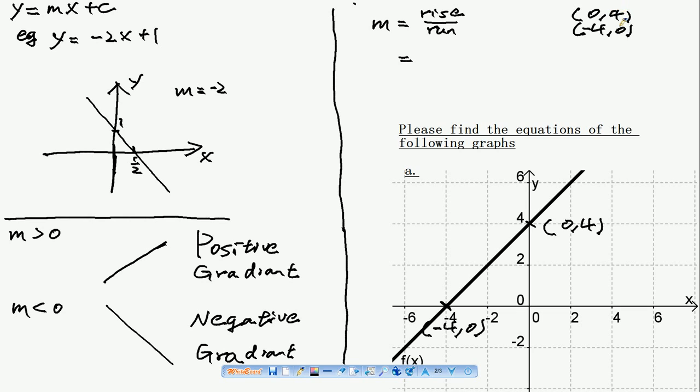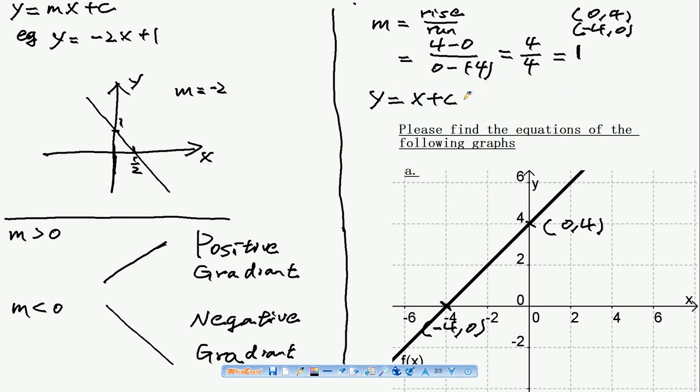So 4 minus 0 is the vertical distance, and for the x value, it's 0 to minus 4, so 0 minus minus 4, which is 4. The gradient is 4 over 4, which is 1 in this case. So your equation is y equals x plus c.